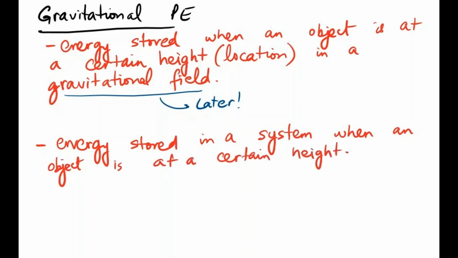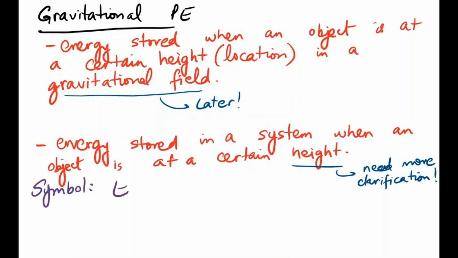Now, it's very clear, but what we need to understand is how to measure the height, or how we are going to clearly define how the height is measured. The symbol for gravitational potential energy is capital E with GP, or sometimes we will write it as GPE.